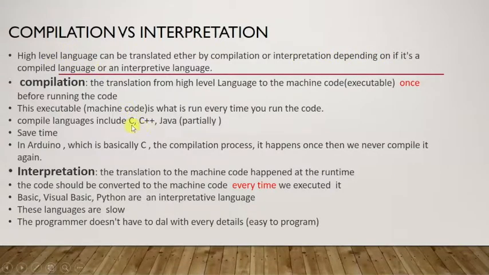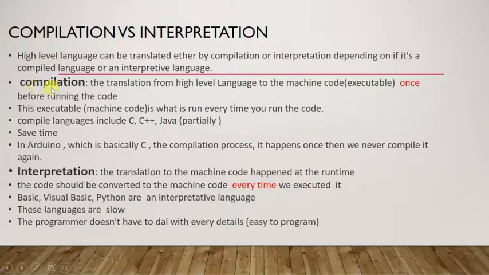For example, if you use C or C++, you must have a compiler to translate the language from high-level language to machine code. If you use Python or Visual Basic, you will use an interpreter to translate the language from high-level language to machine code.